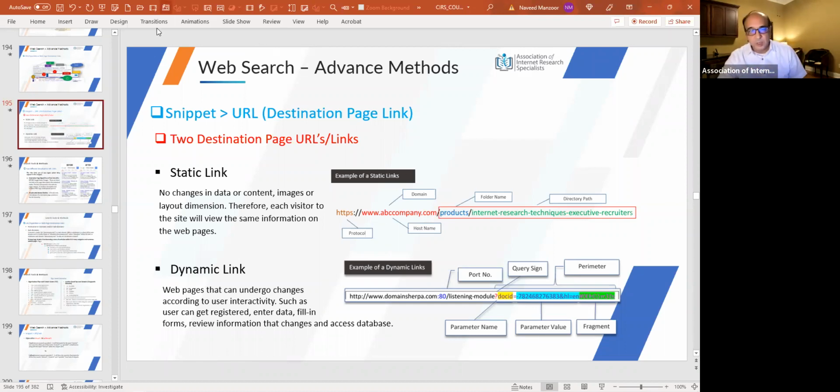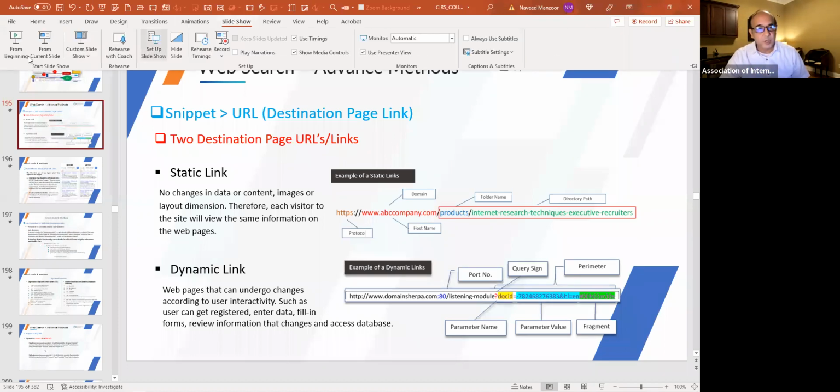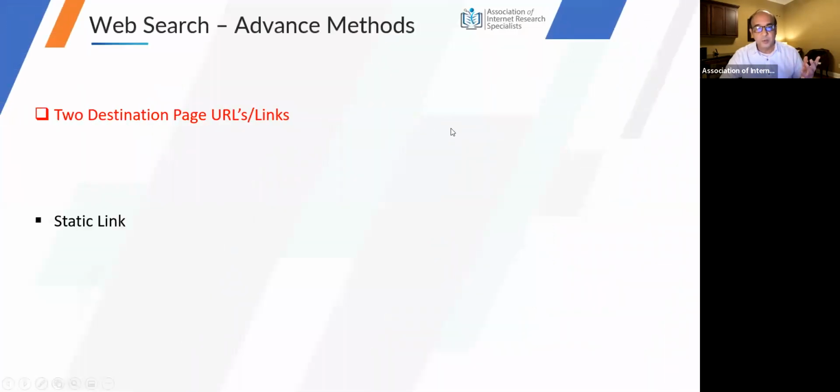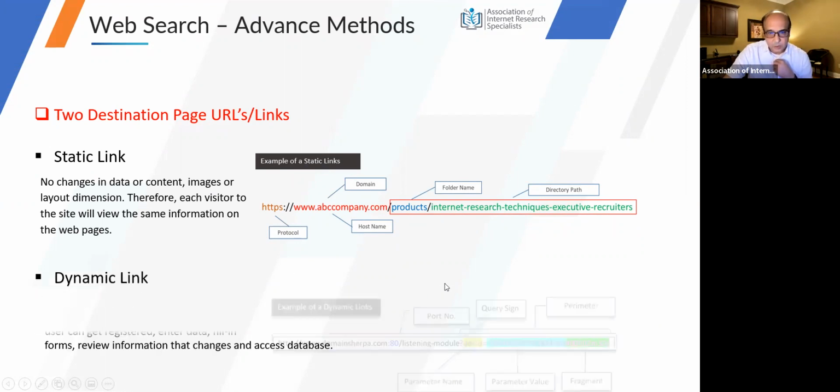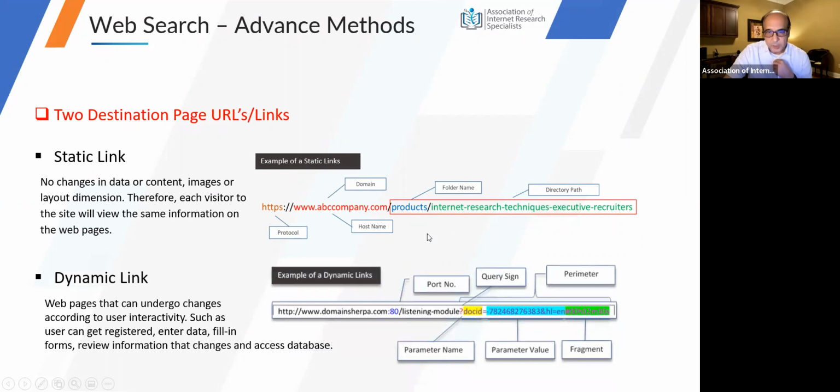So these are the two different types of coding, which is FYI only, it's not going to be a lot of help, but so you know what you would be missing, and the part of the URL that is not going to be available to you with the operator inurl. So two types of URLs we have.